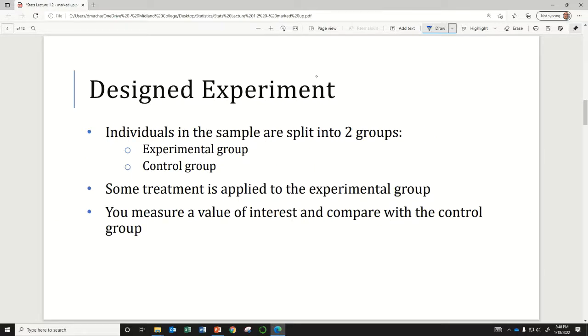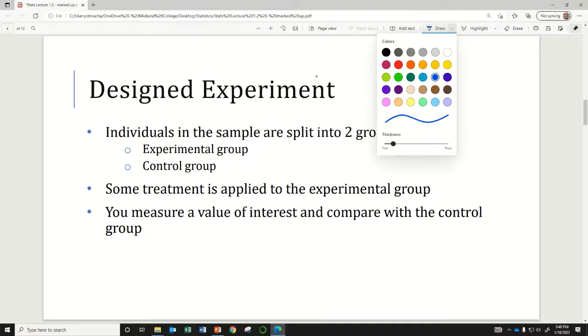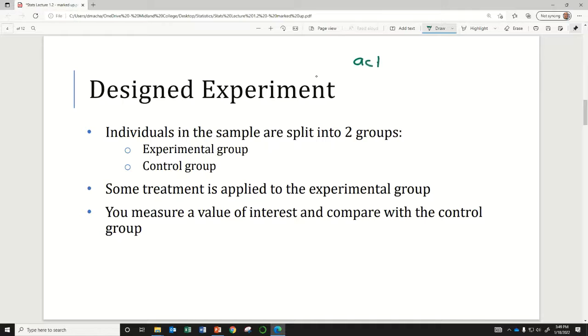On the other hand, in a designed experiment, you actively do things to influence the result. This is the difference between an observational study and an experiment.